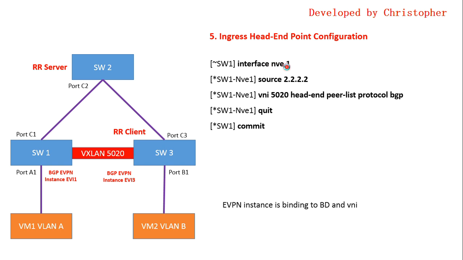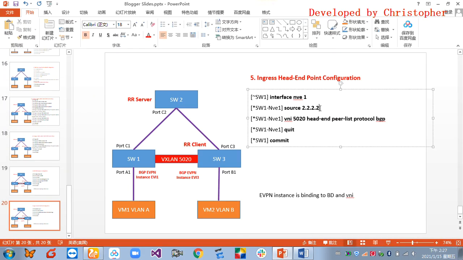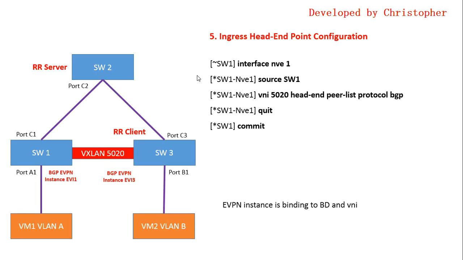Interface NVE1, because the NVE is normally a switch, and the source 2.2.2.2 here. To make it easy to understand, I will change the source into SW1. Then you will see from SW1 with the VNI, which means the VXLAN tunnel head end, and the peer list protocol BGP, which means those tunnels are established by BGP EVPN, and then quit and commit.